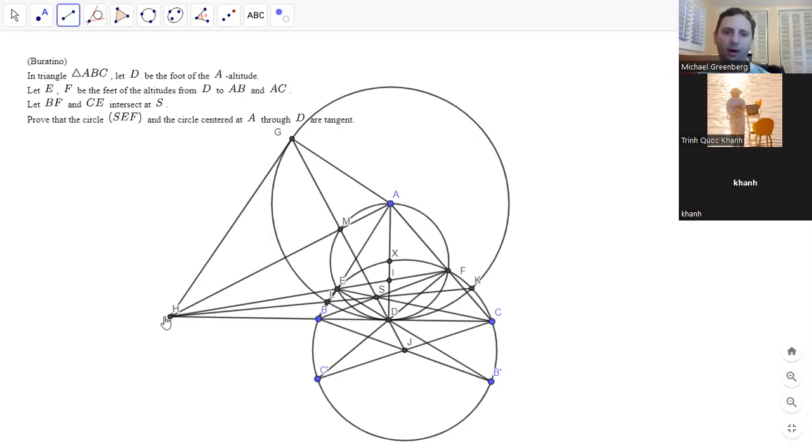I guess once we show it's cyclic, it would follow that it's tangent because we have HE times HF is HB times HC, and I think we could show that's HD squared, which is HG squared. So wait, I think AMBC is cyclic actually. Can we prove that? Is that obvious?